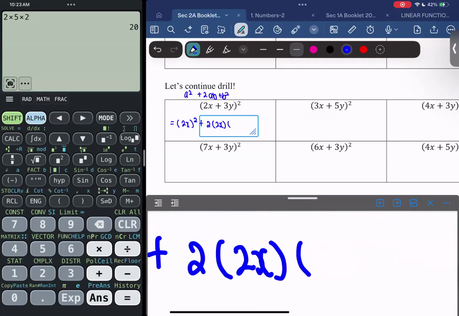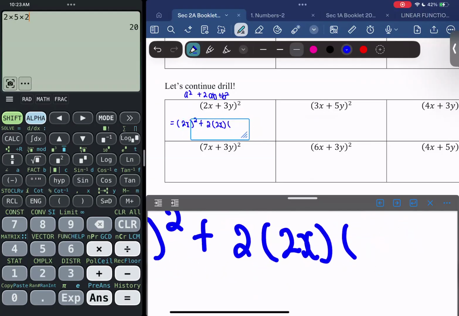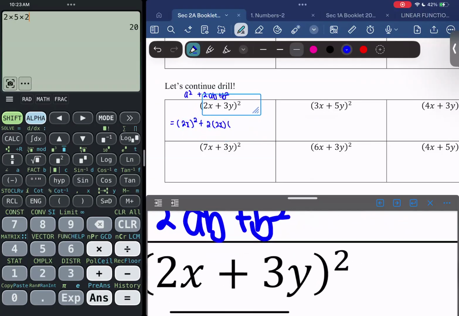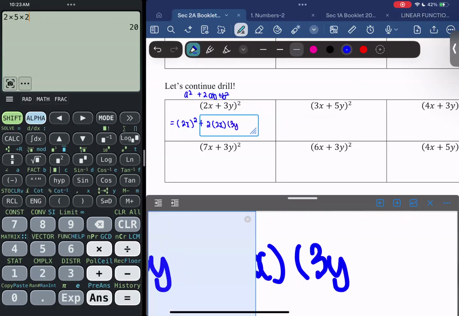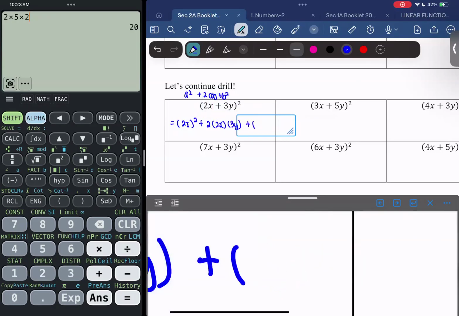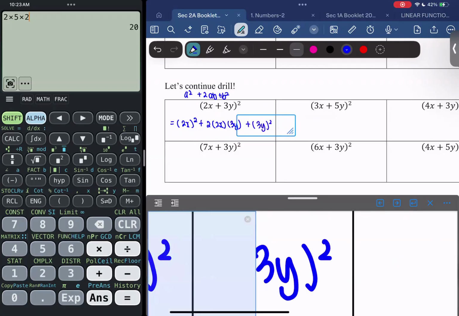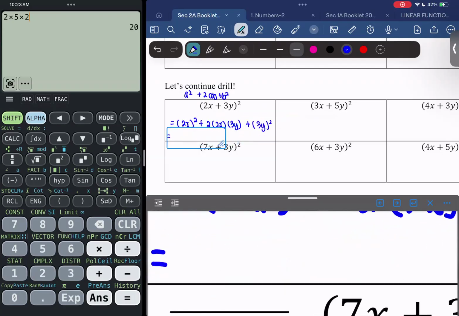So after that it's 2 times 2x times, look at this, this is 2ab. So what is your b? 3y. Then plus 3y squared. Yeah, correct. Okay, good.